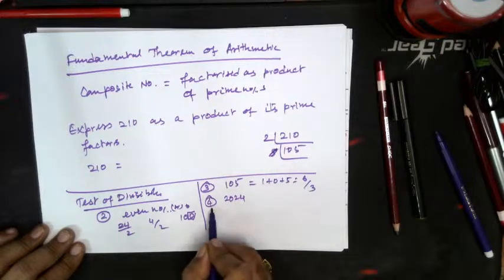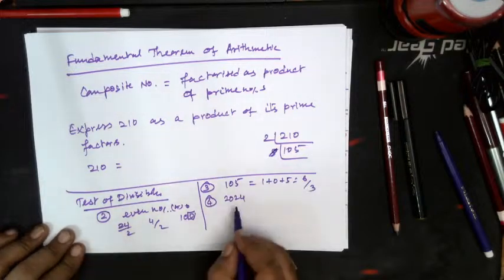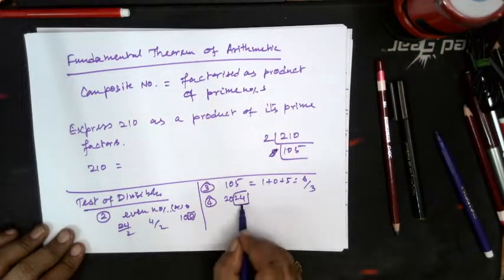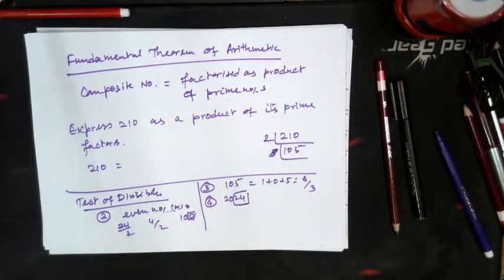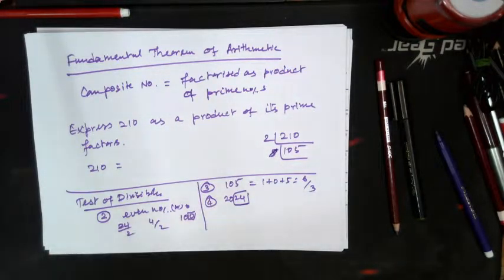It is not a prime factor, but even then you should know how to test. So 24, you have to consider the last 2 digits and check whether divisible by 4. Now can you tell me whether 2024 is divisible by 4? Yes, sir. And that is why it is a leap year. This year is a leap year. That's good.